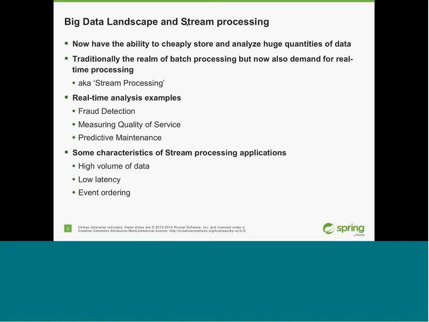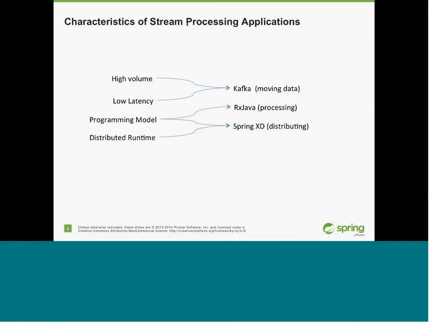And what we're going to try to solve today, basically we'll make use of three main technologies. We're going to use Kafka for its high volume and low latency for moving data as a transport. We're going to use RxJava for its programming model for writing our processing code.